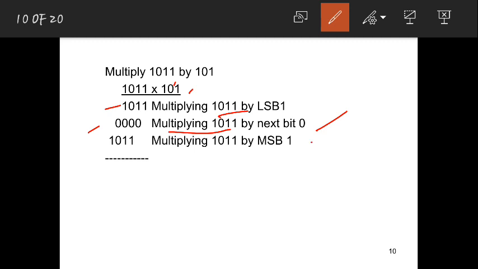Whatever we discussed orally and did in the previous sum, the same thing he has done here. So see here again he is multiplying with MSB. In the previous sum we had 4 bits, so we didn't mention multiplying with LSB and MSB. This is not required to write. If you write the result and get a correct result, then that is enough. No need of writing all this.